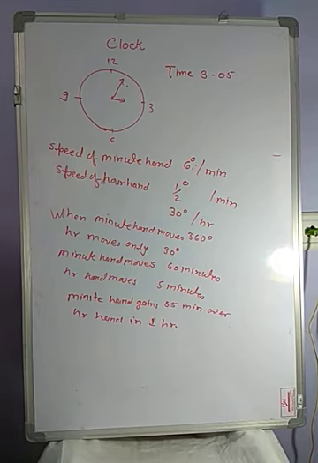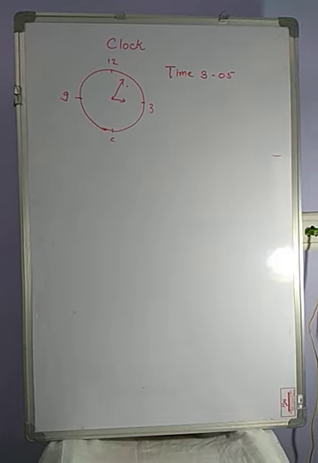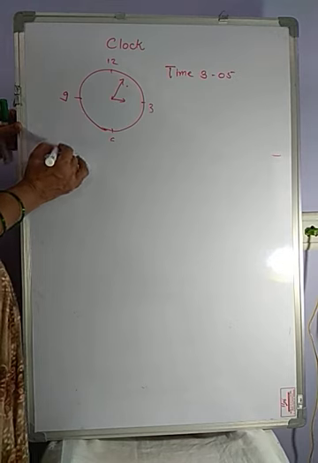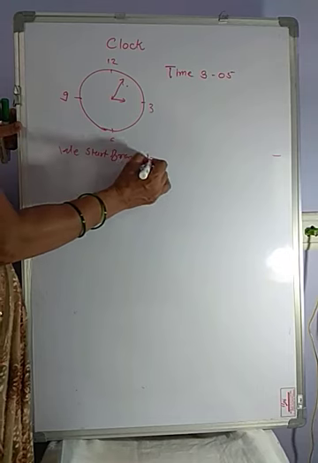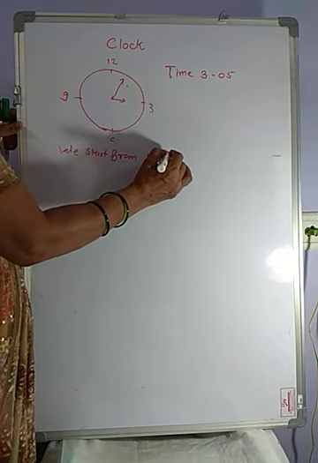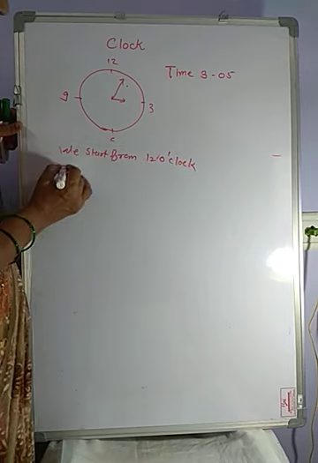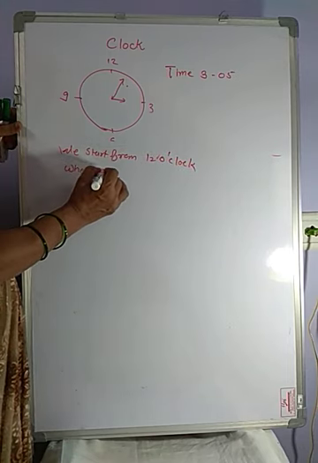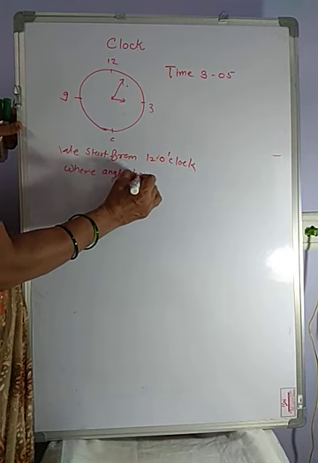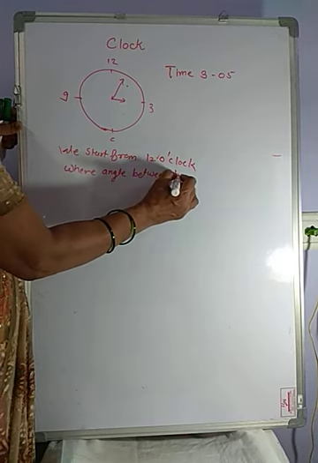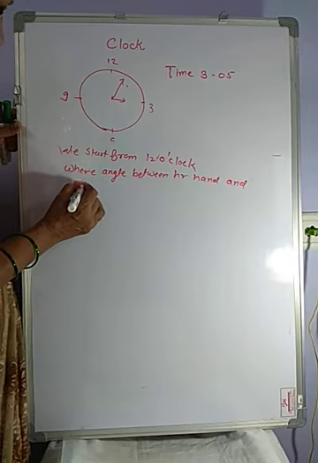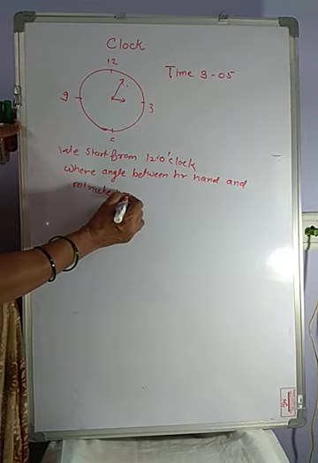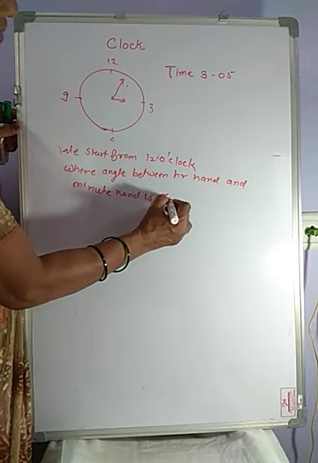Okay. Now we are going to find out the angle at 3. We start from 12 o'clock, where the angle between the hour hand and the minute hand is 0.